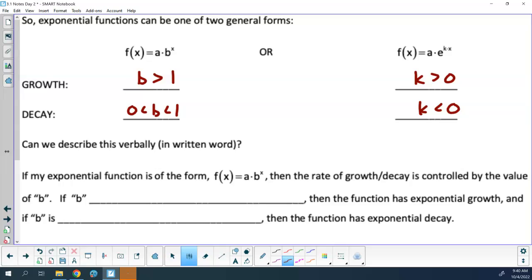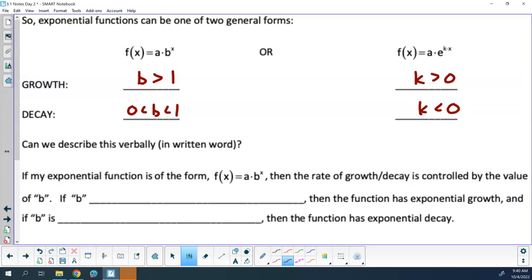Couple of thought-provoking questions. Question number 1. Can b, the base in the left one from Friday, be 0? Can our base equal 0? No, because then our function would just be 0 the whole time.